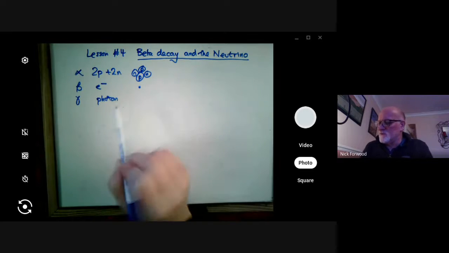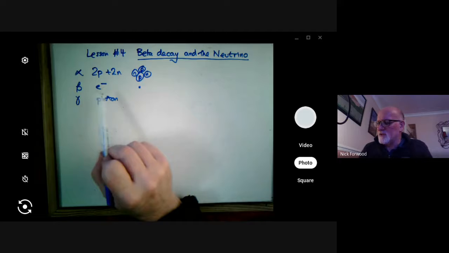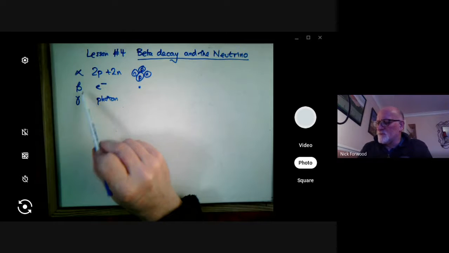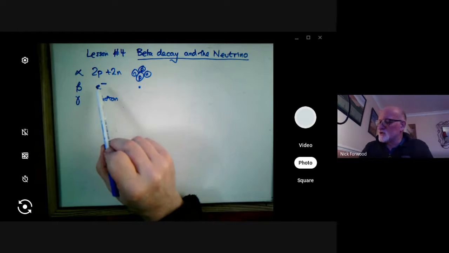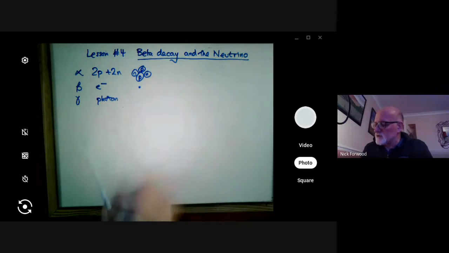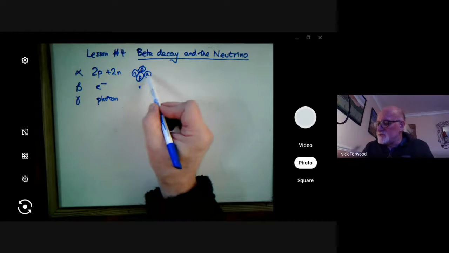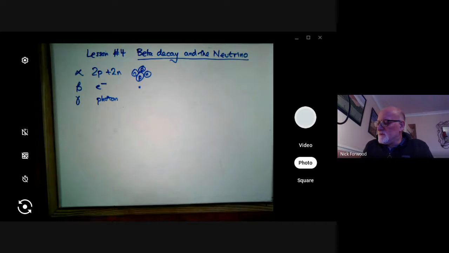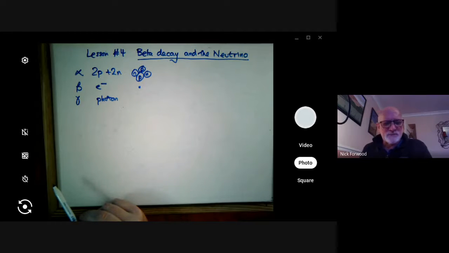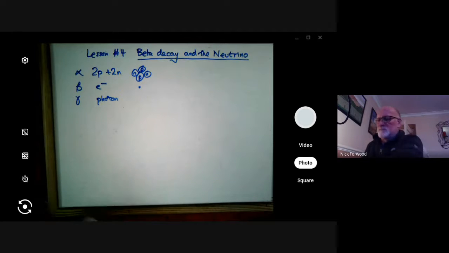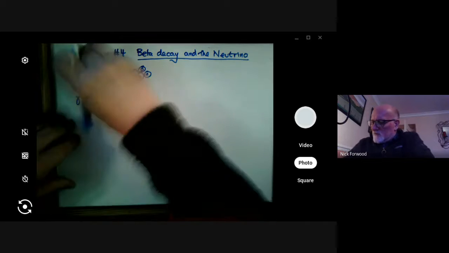A beta particle, which is an electron, is not an orbiting electron. It's an electron that's emitted from the nucleus of a much larger unstable atom. So I'll write that down.